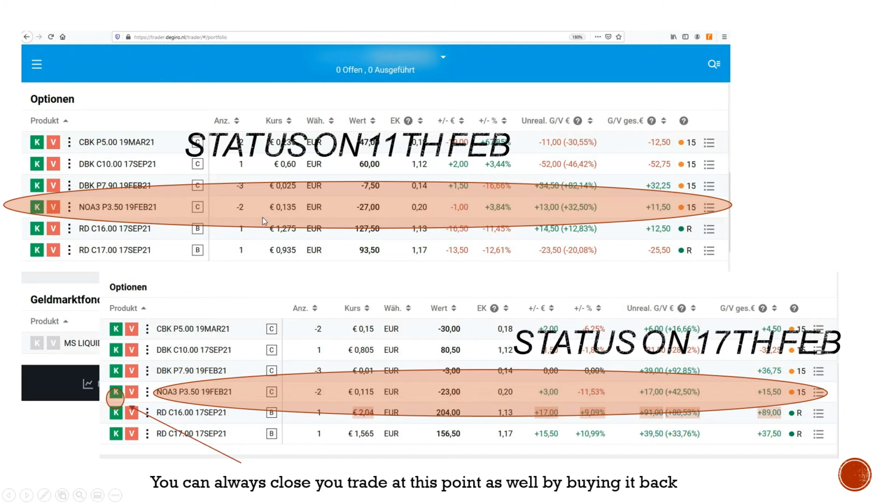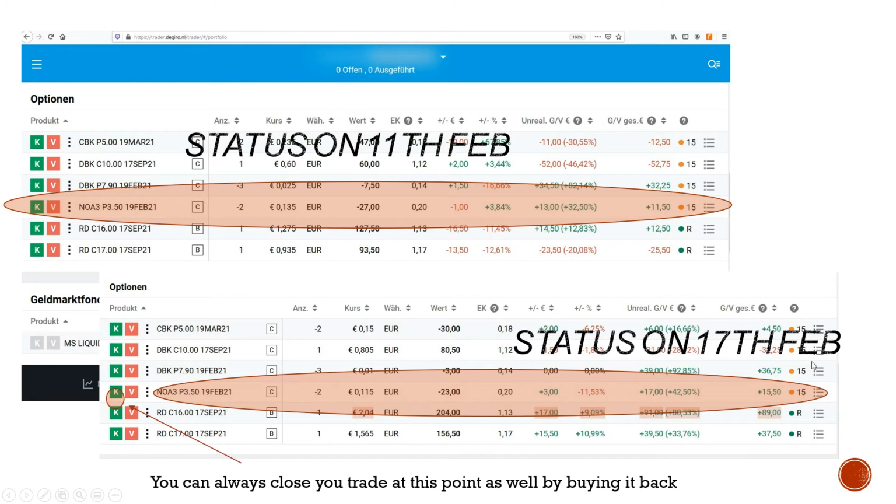Of course, I collected 40 euros earlier, but then I would have to buy back this contract at 13.50, and in the end my only profit is 11.50, and that already includes the fee.